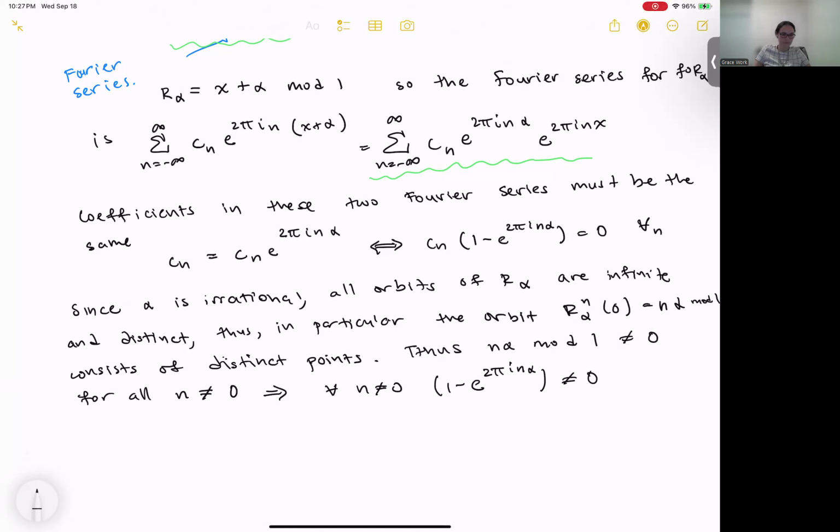Okay, so this means that Cn must equal 0 for n not equal to 0. So if all of our coefficients other than C0 in our Fourier series are equal to 0, what does that leave us? That means our function is just equal to C0 and is therefore a constant.